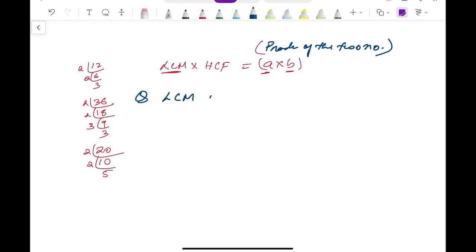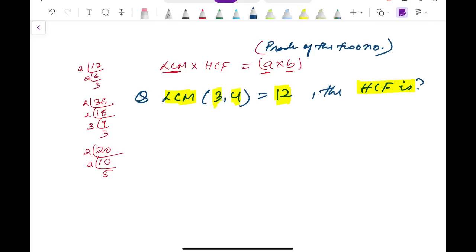LCM of 3 and 4 is 12. Then HCF is? So in this question, if you look here, LCM is given as 12 and the two numbers are these two numbers, and you are asked to find HCF.